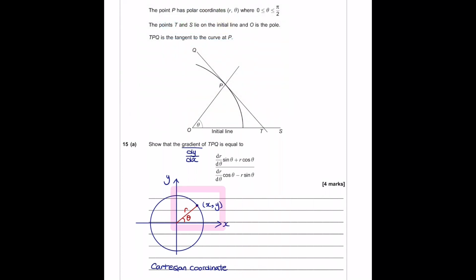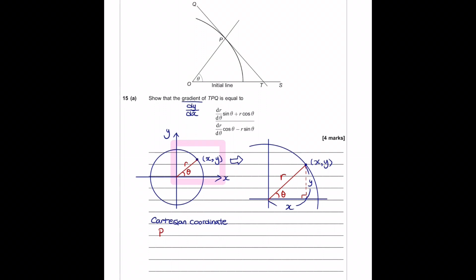If you zoom in on this part, it will give you a right angle triangle. In this right angle triangle, we have adjacent length as x, and it goes up y amount, so your opposite should be y. And we're trying to get the relationship between blue, which is Cartesian coordinate, and red, which is our polar coordinate.